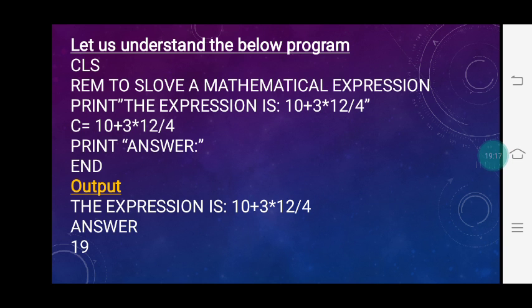Now C is equal to 10 plus 3 multiplied by 12 divided by 4. Here we are going to calculate the value of C. Then we want to display the answer, that is PRINT "answer". Then PRINT C. PRINT C means you want to display the answer for C.